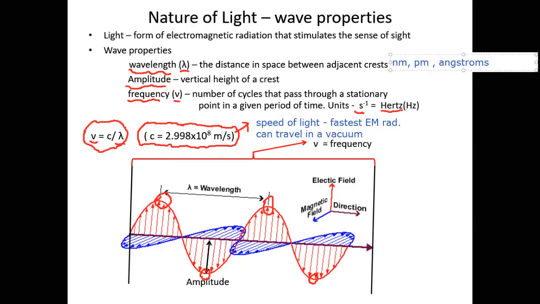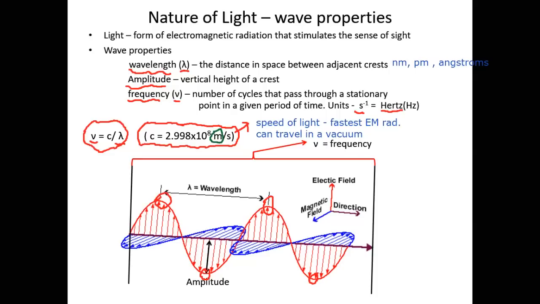But you have to remember that the speed of light is in meters. So anytime you use this equation, you got to convert the wavelength into meters. That's a very common mistake that students forget, to convert the wavelength into meters.